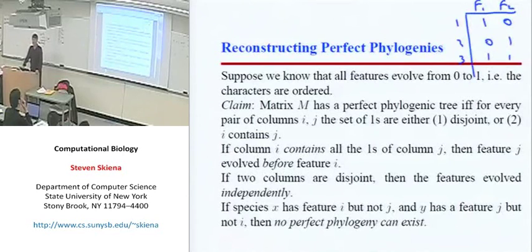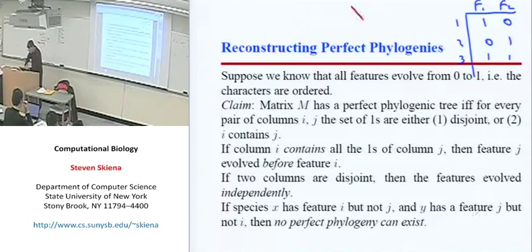Does everybody see that? This is now the problem where the columns are not disjoint, right? And the claim is that this kind of a world couldn't have evolved. Why? Well, what do we know? I don't know if it's self-evident if you think about it a little bit. How could this possibly be the case?